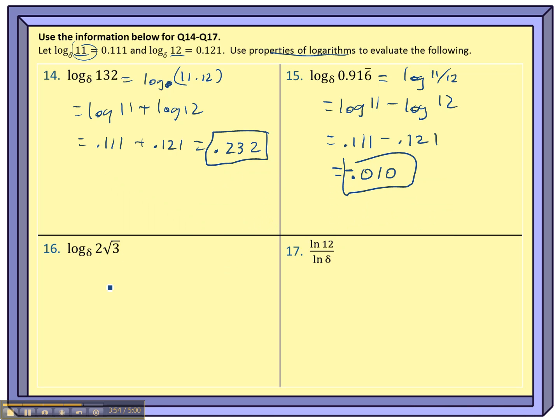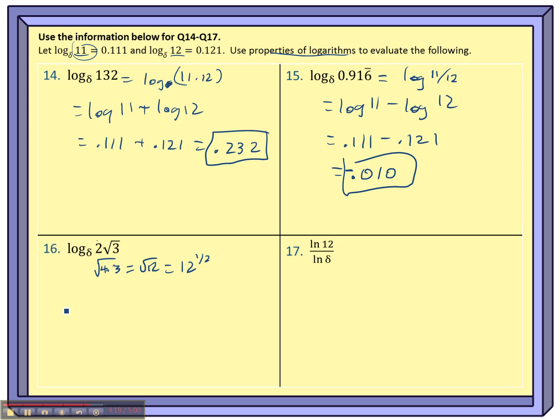Okay. On number 16, another one that might be a bit challenging, 2 square root 3. Well, 2 square root of 3 is the same thing as, if I square this number and I bring it on the inside, this would be the square root of 4 times 3, which is the square root of 12. You can rewrite that as 12 to the 1/2 power.